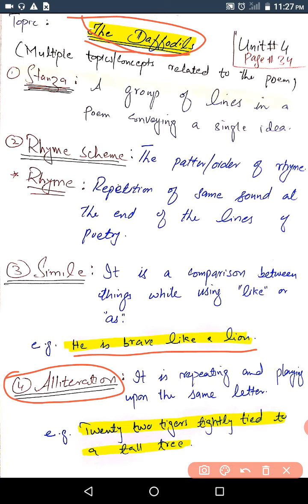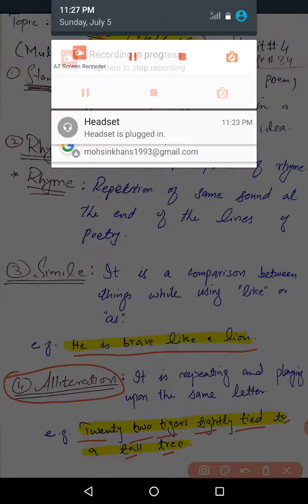In general life, you say, 22 tiger tightly tied to a tall tree. So look at the sound ta. 22, ta ta ta, tightly tied to ta ta ta. So this repetition of the same letter, the same sound, is called alliteration.